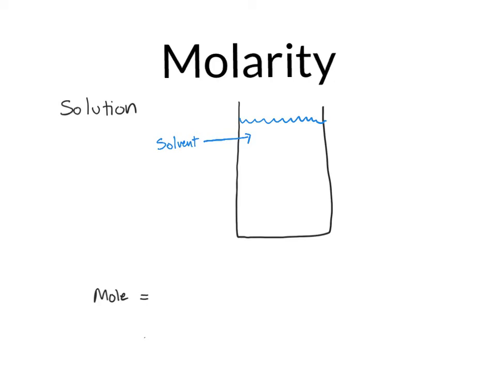It dissolves the other substance, which is the solute. So within this water, we have dissolved substances, and let's say this solute is sugar. So a solution then is a solvent with a dissolved solute within it.